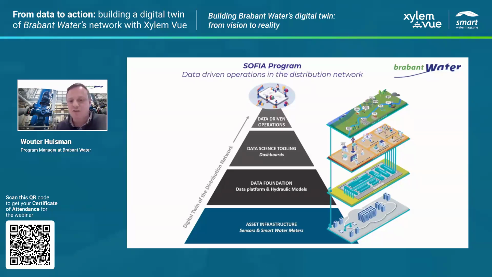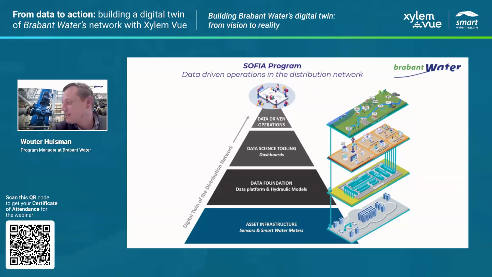And on top of that, we have the dashboards where we make the data available, and which can also, for instance, be used in our control center where we have dashboarding, where we can overlook our operations and can execute simulations. And the outcome of these simulations and dashboards and the actions on that is to really, in a different way, operate our distribution network to really support our mechanics in the field, to be more proactive.